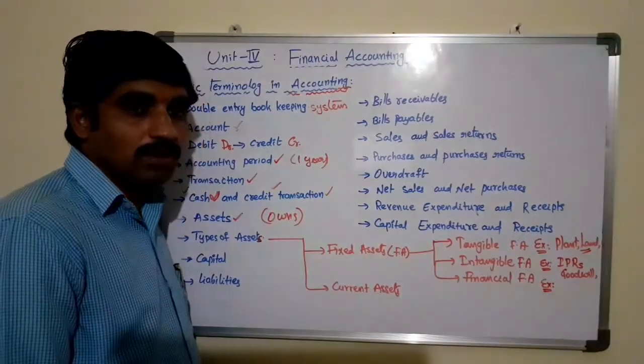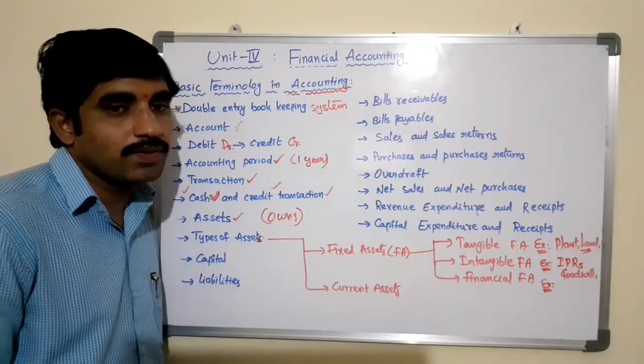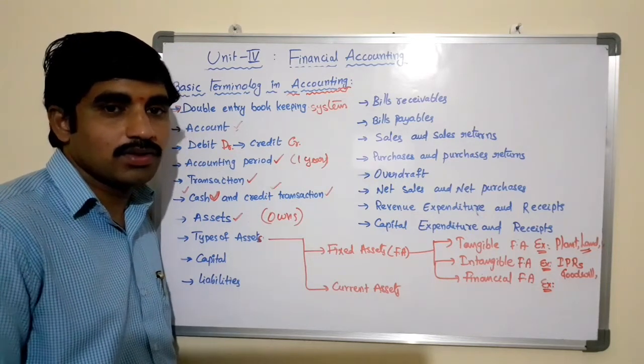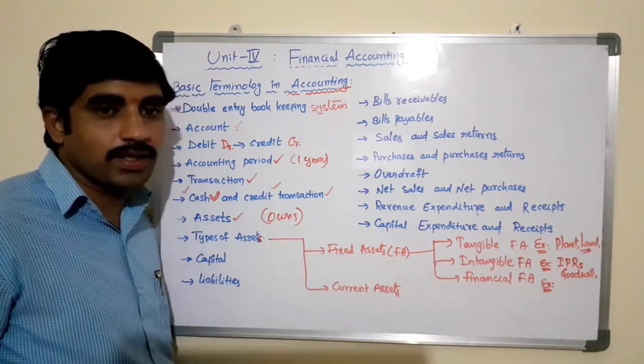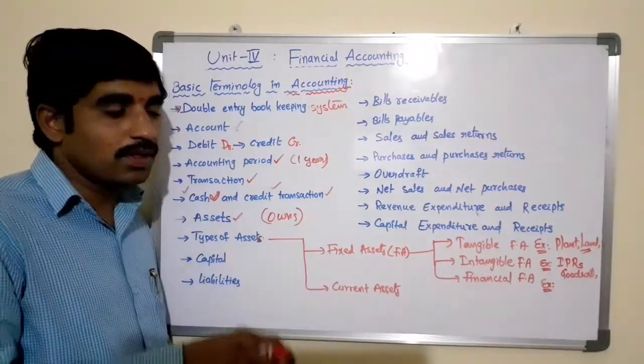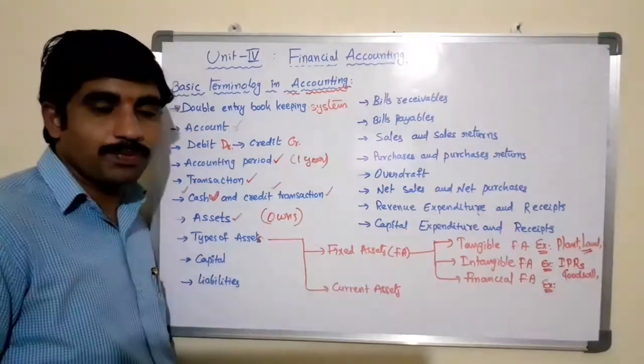Financial fixed assets are the bonds, shares in terms of equity shares and preference shares, or commercial papers. These are all called financial fixed assets, which will give financial assistance to the business for a long period.